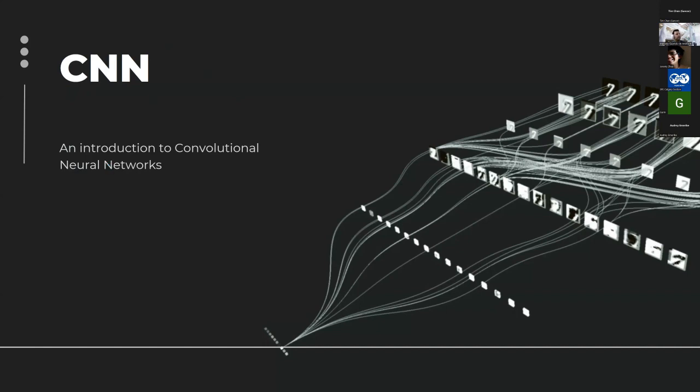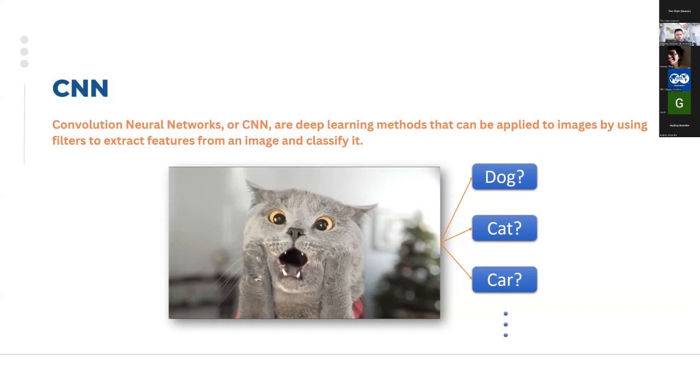They are widely used to work with images in general, but you can also work with them for time series and other applications. It's basically a model in which we can read an image and predict what this image is about. If that's a dog, a cat, or a car, what is this image representing? So we're going to classify the whole image.